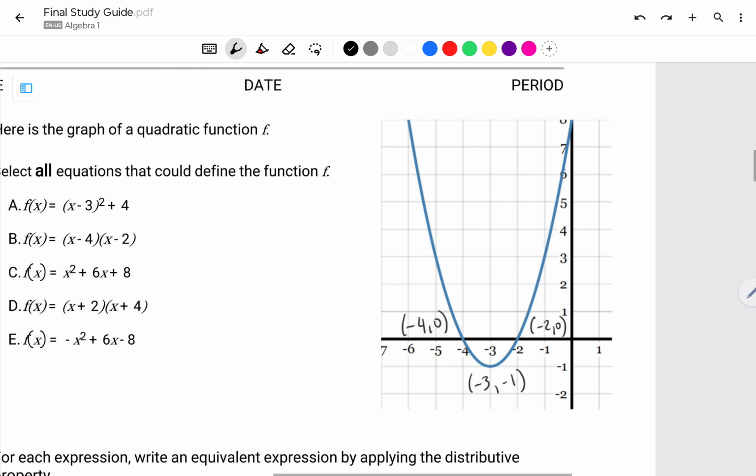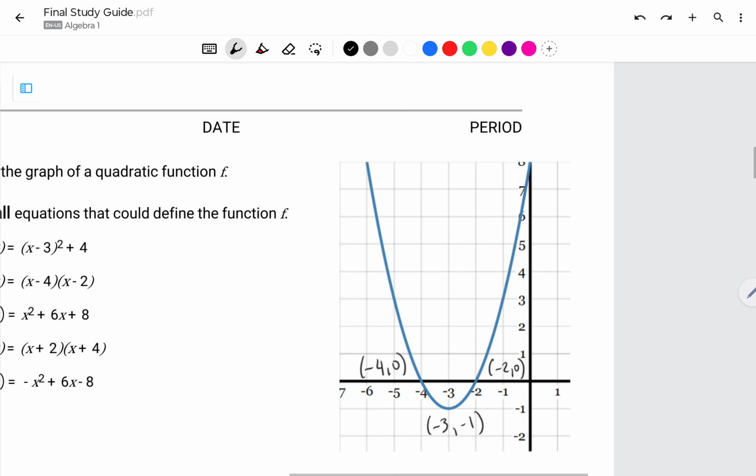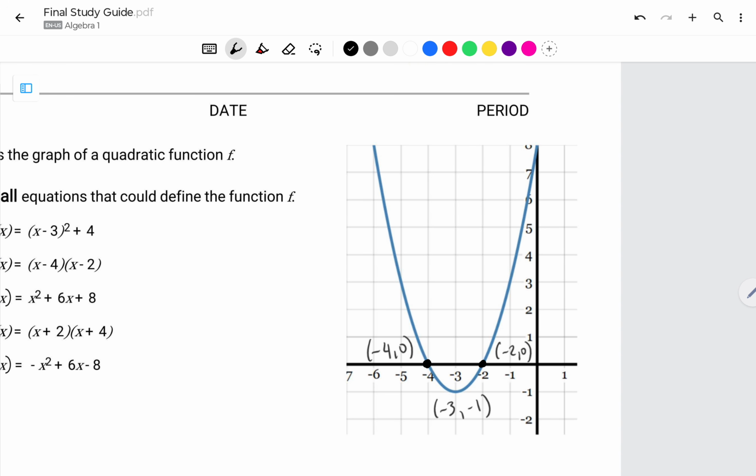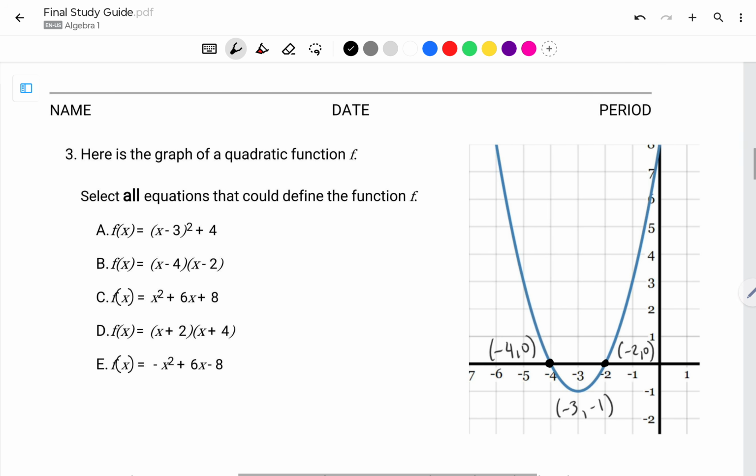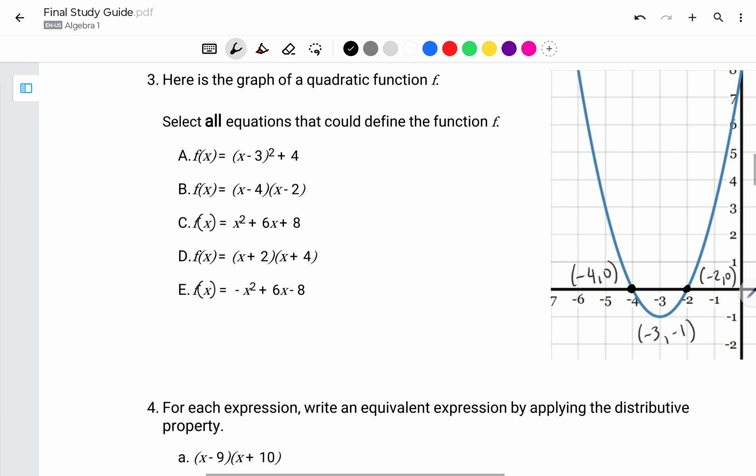I want to write a couple of things here. I notice that the parabola crosses the x-axis at these points, -4 and -2. So that means that we have x-intercepts. I'm going to write that down right here.